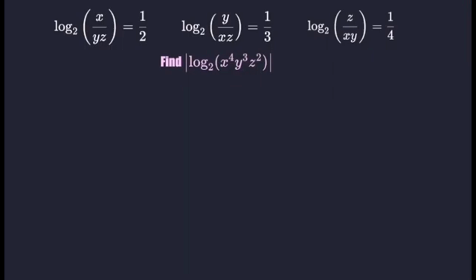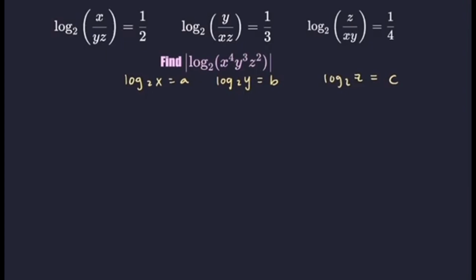Before we even start, it's best to set some variables. As you can see, we're going to be working with log base 2 of x, log base 2 of y, log base 2 of z. I'm going to have log base 2 of x be equal to a, log base 2 of y is equal to b, log base 2 of z is equal to c.